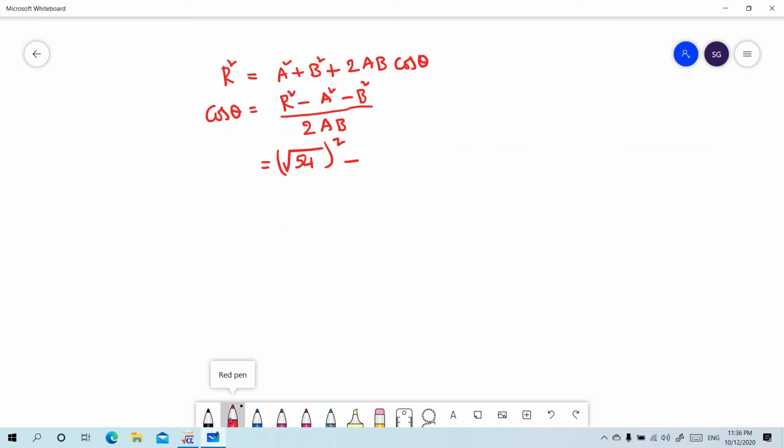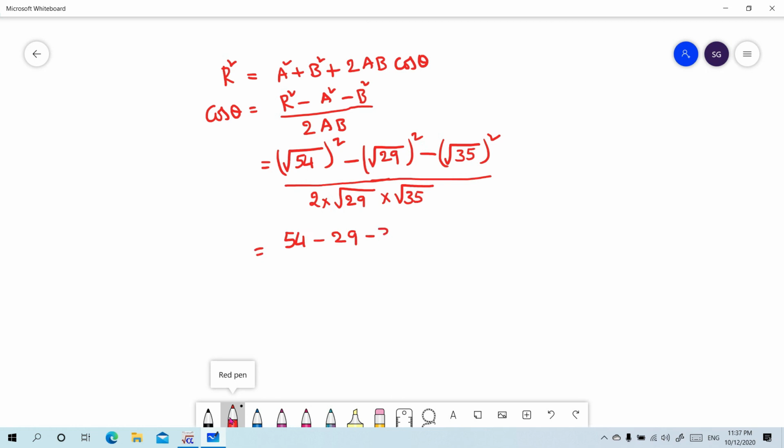R means root 54, so r square is root 54 whole square, minus a square, root of 29 whole square, minus b square, root of 35 whole square, whole divided by 2 into a, root 29, into b, root 35.